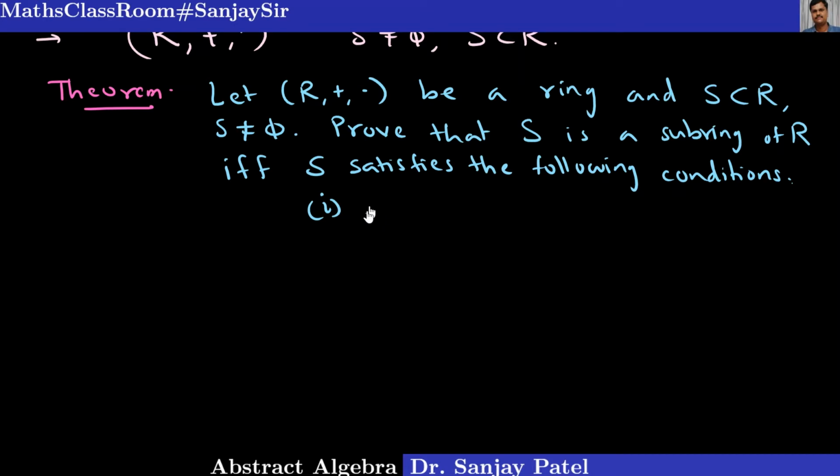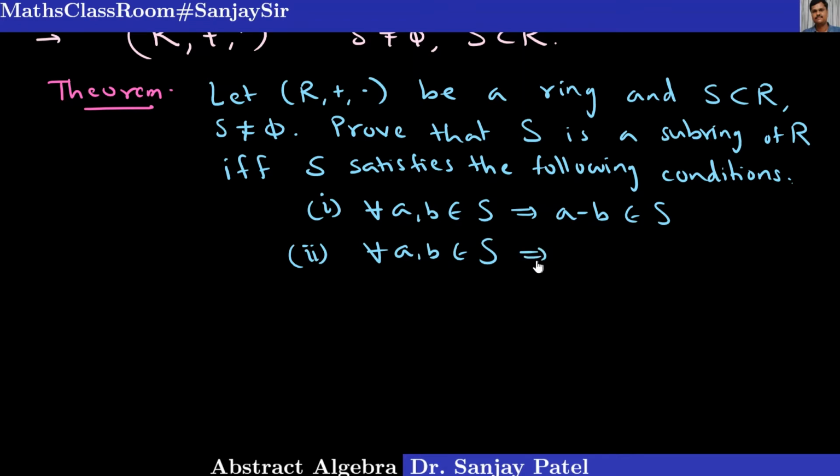We can say all of that in one condition: for every a and b belonging to S, we must have a minus b also belonging to S. And secondly, for every a, b belonging to S, we must have a times b also belonging to S.